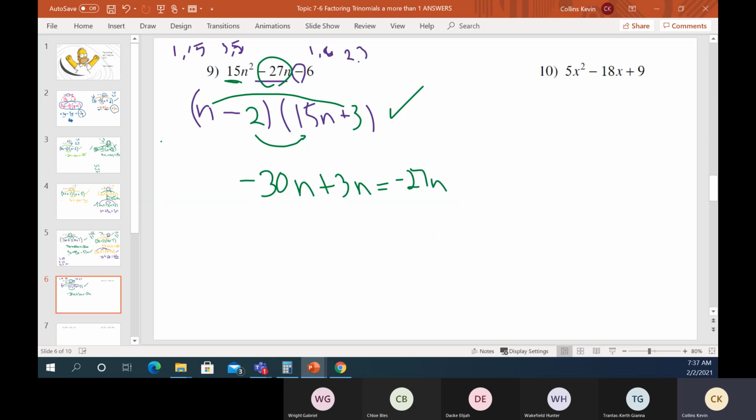Fortunately, this next one goes back to just having one possibility, because the only way you get this to happen is going to be 5 times 1. All right, so we got a plus sign here, which means 2 pluses or 2 minuses. The middle guy's minus. So what should our signs be for our parentheses?